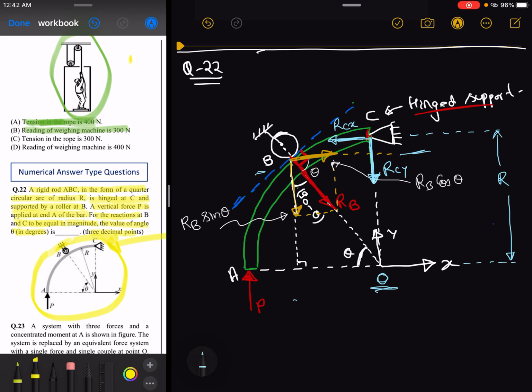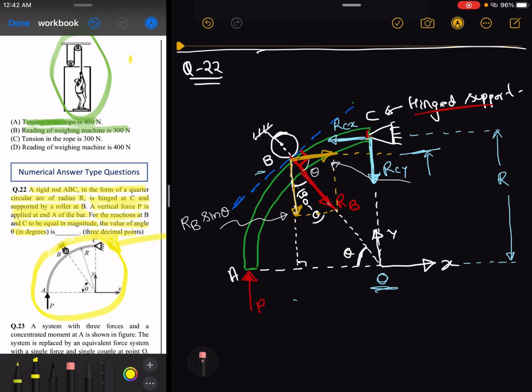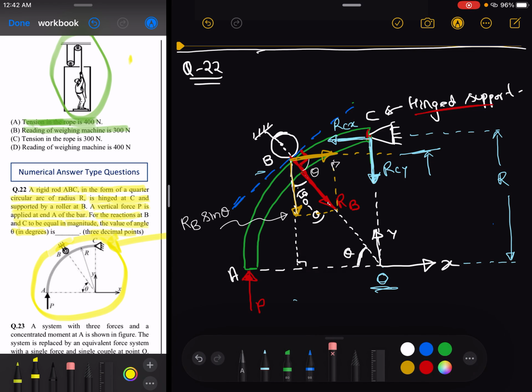So this distance, which I am going to show you here, I am doing one thing, that I am removing RB cos theta from here, and I am mentioning this RB cos theta here.